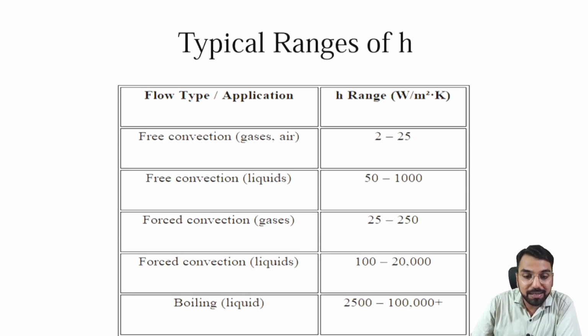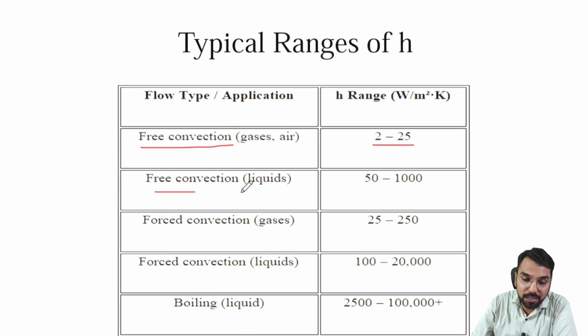So, typical ranges of H. We have seen that for free convection or natural convection, the H value will be more or less in this range, and free convection in liquids is higher than in gases. Why is it so? Because the liquid has more capacity to absorb heat.